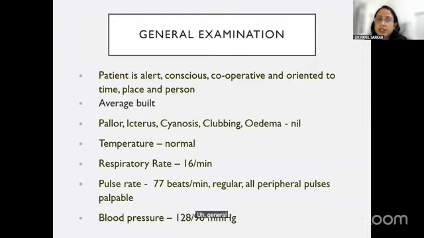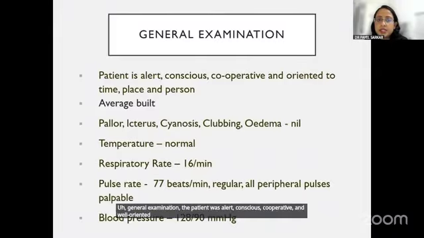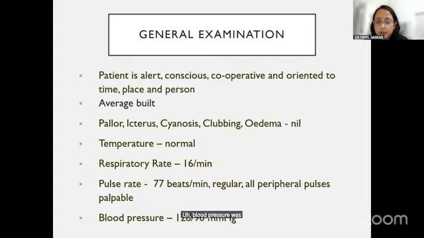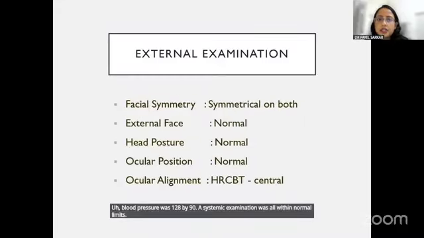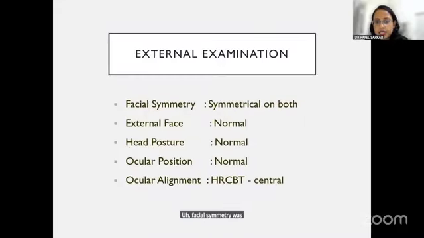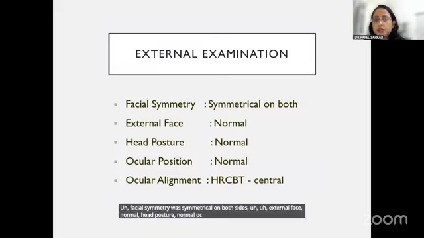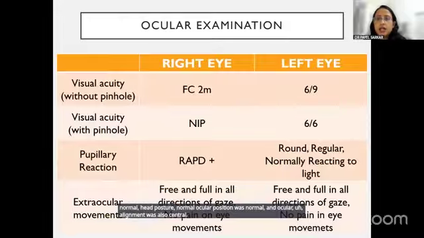General examination: the patient was alert, conscious, cooperative, and well oriented to time, place, and person. Average build. Other parameters were normal. Blood pressure was 128/90. Systemic examination was within normal limits. Facial symmetry was symmetrical on both sides. External face normal, head posture normal, ocular position normal, and ocular alignment central.